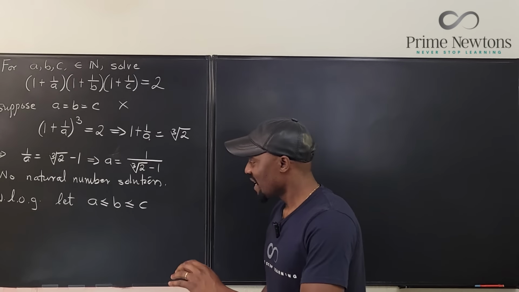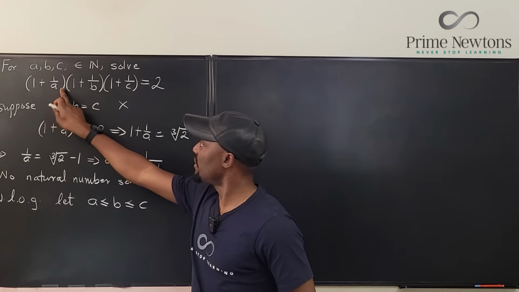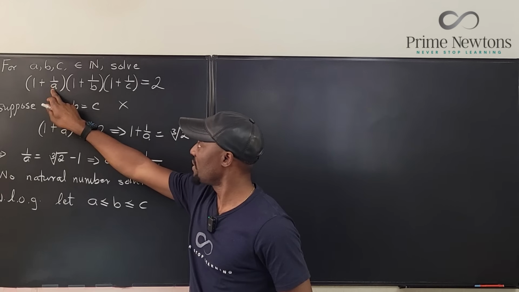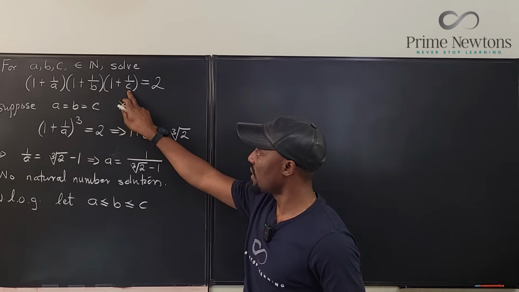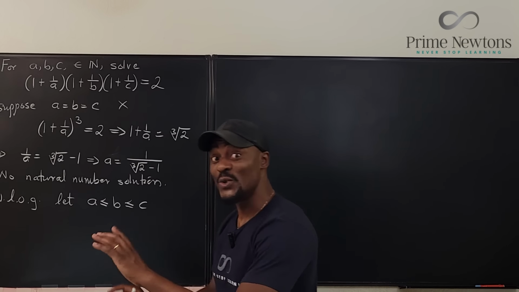Now there's a fact. The smaller the denominator, the bigger the factor, right? So if this is 2, and this is 3, and this is 4, then this is the biggest, right? Okay, so we're going to use that now.